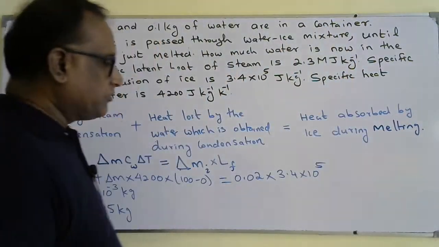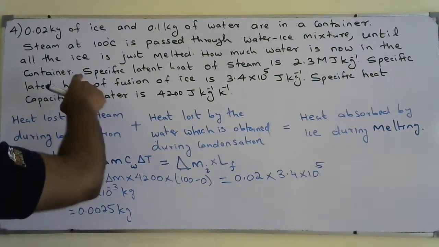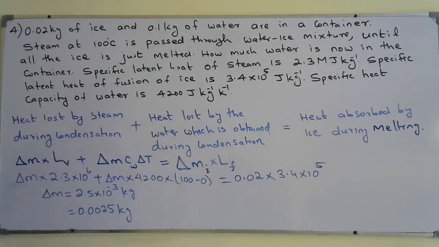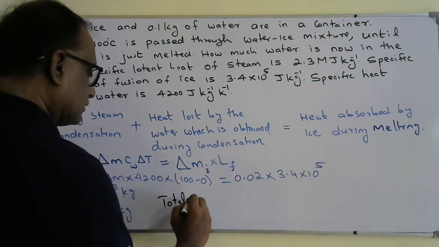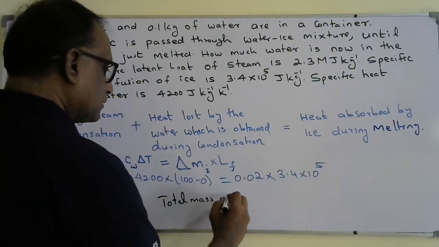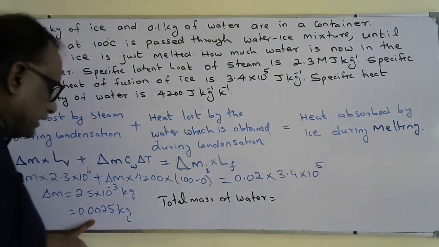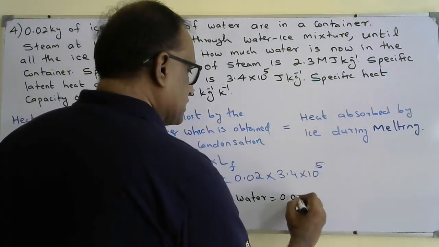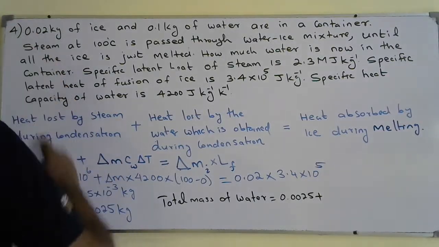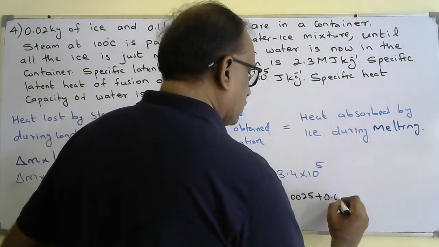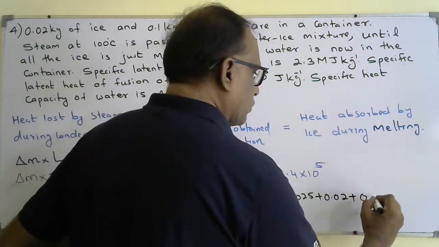Okay, so the question is, what will be the final total mass of water? How much water is now in the container? So, total mass of water finally: the water obtained during condensation, that is 0.0025 kilogram, then the ice which is melted, 0.02 kilogram, and the water already there, which is 0.1 kilogram.